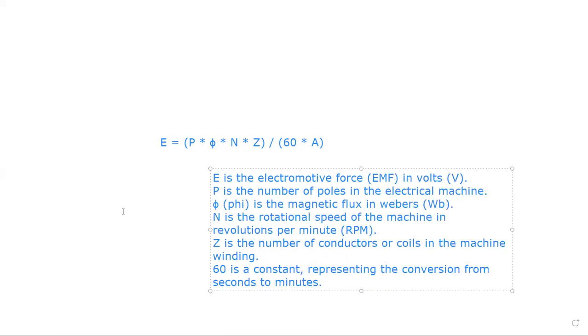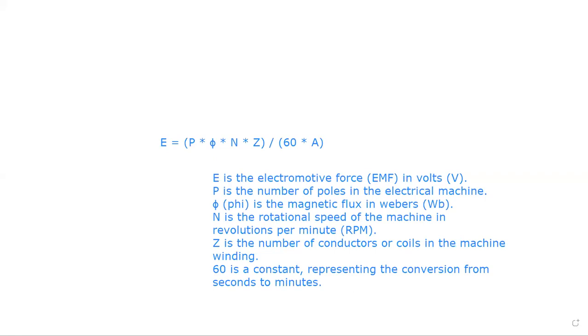Where E is the electromotive force in volts, P is the number of poles in the electric machine, phi is the magnetic flux in Weber, N is the rotational speed of the machine, and Z is the number of conductors or coils in the machine. And 60 is a constant, and A is, what is A?